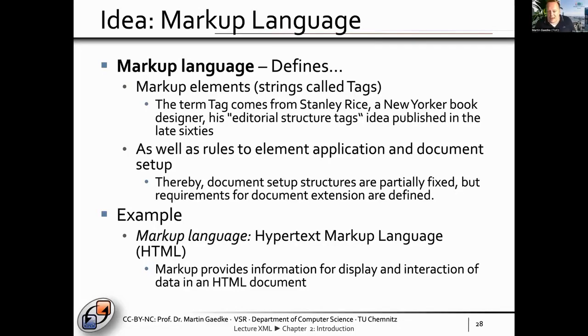So in the early days of publishing books, people had to tag to create some extra notes in the context of the book text that they wanted to publish. So they had to make sure that the publisher knows what is a headline, what is normal text, what kind of text should be written in another form.